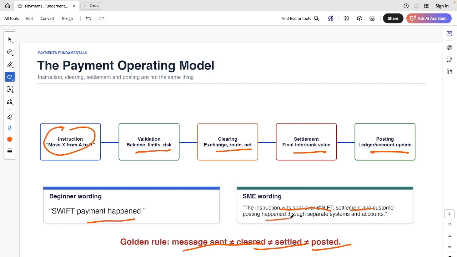This is the professional language that a payment BA or payment SME should be using. In a real banking project, this distinction is extremely important. When a customer says my money is debited, but the beneficiary has not received it, we need to identify whether the issue is with the message, the clearing, the settlement, or somewhere in the posting stage.